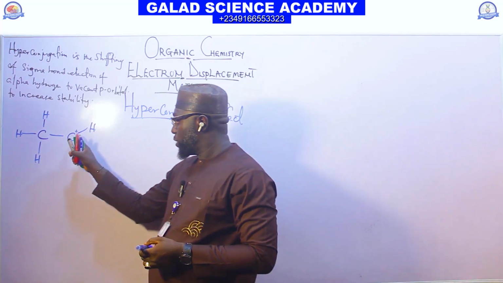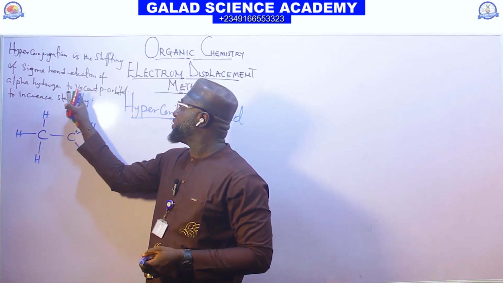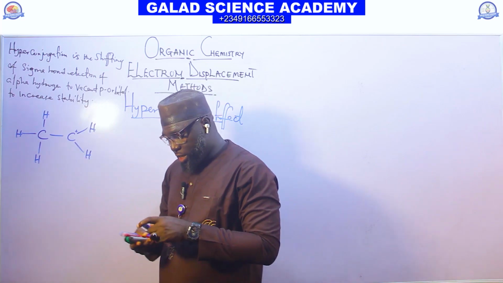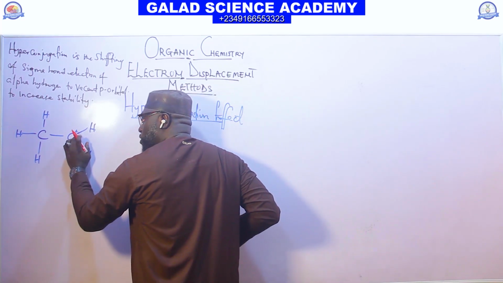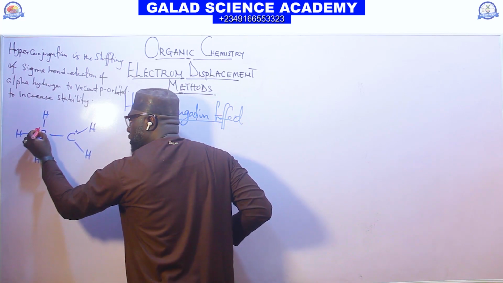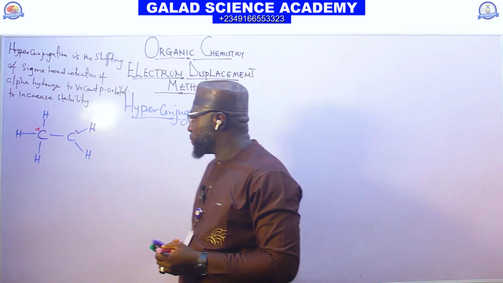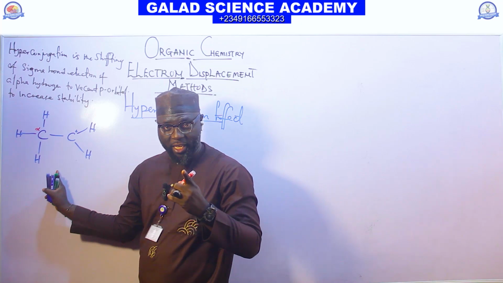This is a functional group, and this carbon has a vacant p orbital. So in this structure, the carbon attached to this ion is our alpha carbon, and we have three alpha hydrogen.